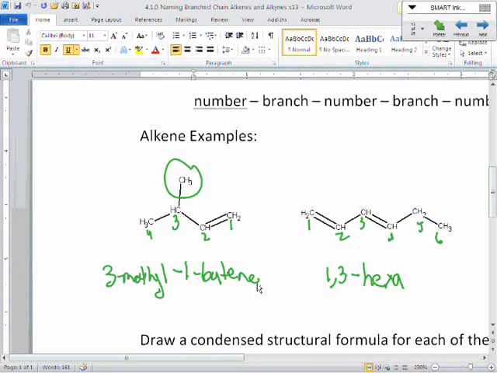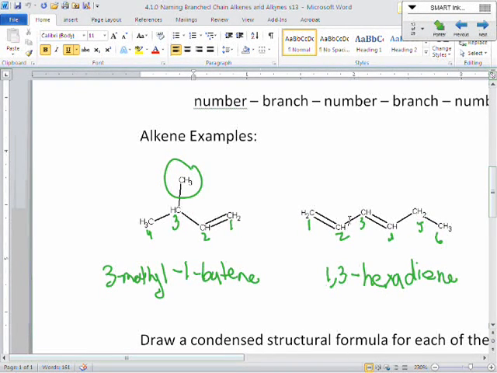If it's ending with something like ene, we don't put butaene because the E and the A don't work together very well. So this is hexa. We put in a di, and then we put the ene.